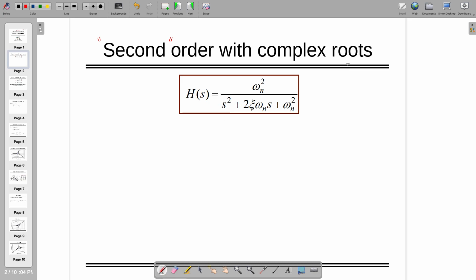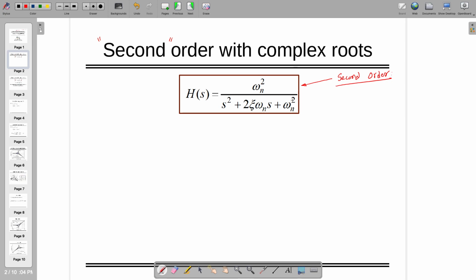If you are learning communication, control, or anything else, most of the time the system is second order, because this is the reality.